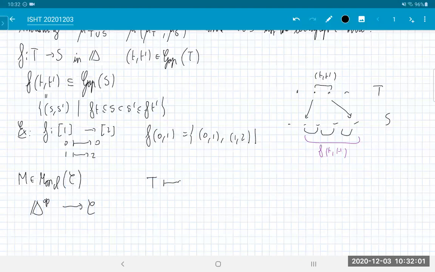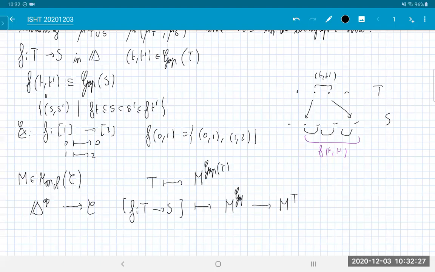On objects, it does what you have to do: just take the product of T copies of M. And if I have a map, I have to send it to a map in the opposite direction, from M of S to M of gap T. That's the thing that's forced on you by the Segal conditions, by this product condition.